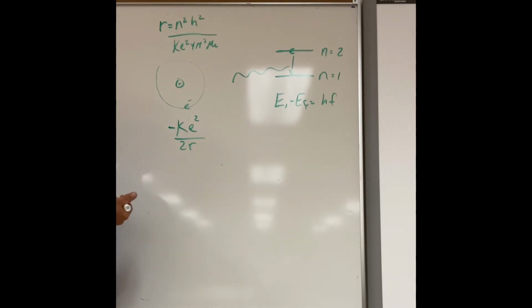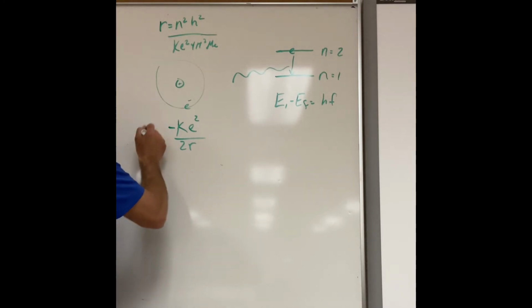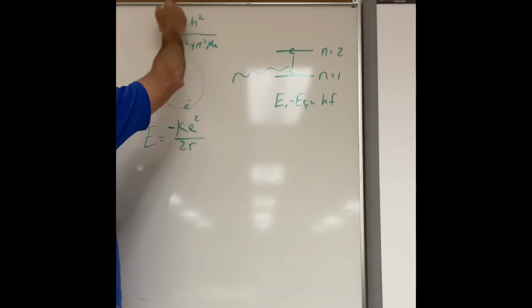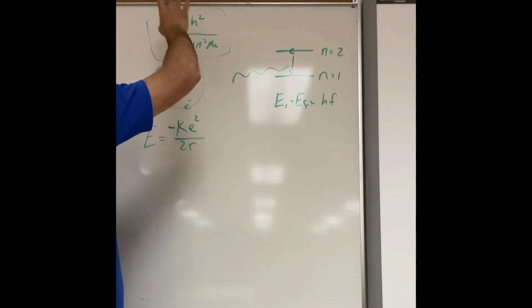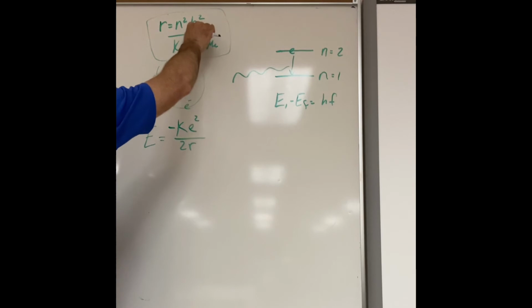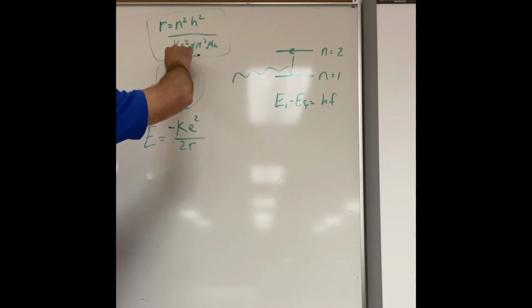So when Bohr looked at this, if you look at the equation for energy, you can see that everything's a constant except for r. And if you look at the equation for r, you can see in that formula, every single thing is a constant. h is Planck's constant, k is Coulomb's constant, e is the charge of the electron, that's constant, pi is a constant, the mass of the electron is constant.